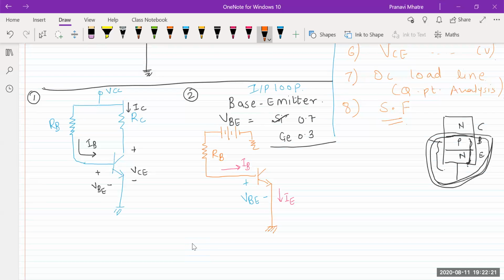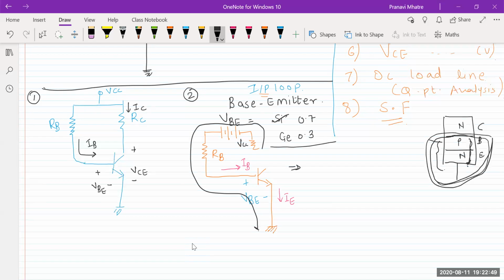When I want to apply the input loop, always make sure you start from one ground point and end at another ground point. Then my circuit is closed and my loop is completed. So I'm starting from one ground point and ending at another ground point over here. So my loop is, I'll start from here.